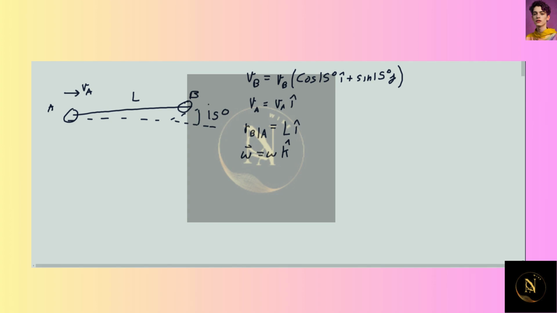We then want to look at VB. So VB itself will have to equal VA plus the velocity of B about A, which will equal the velocity of A plus omega crossed with R of B with respect to A. Well, omega was in the k-hat direction.